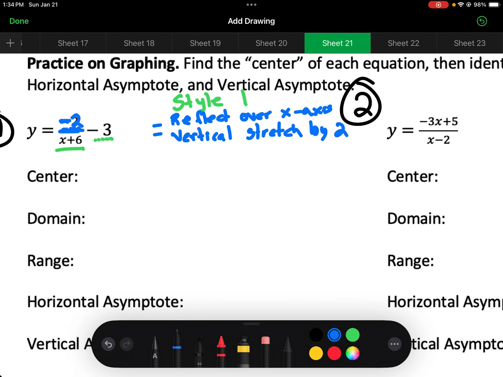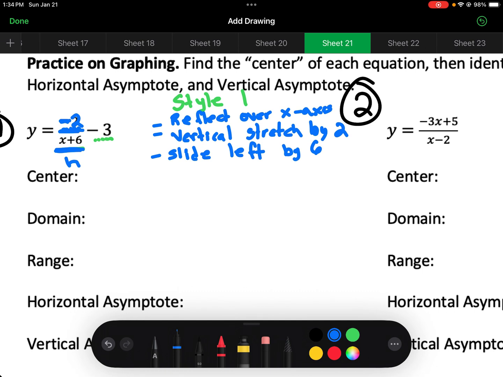When I look at the bottom, I see an x plus 6. This is where my h is. With h, if I see a plus 6, I need to move in the negative direction, so I'm going to slide left by 6.